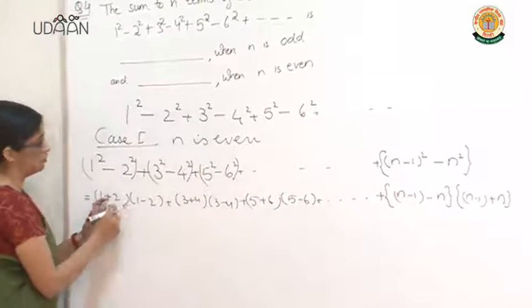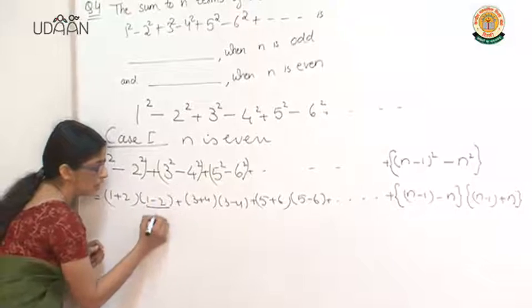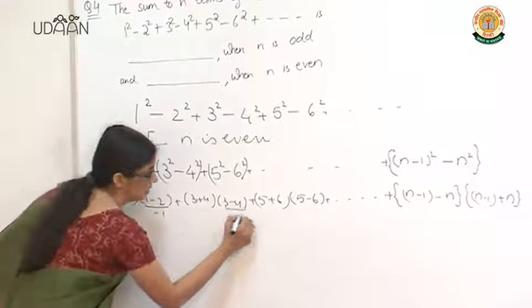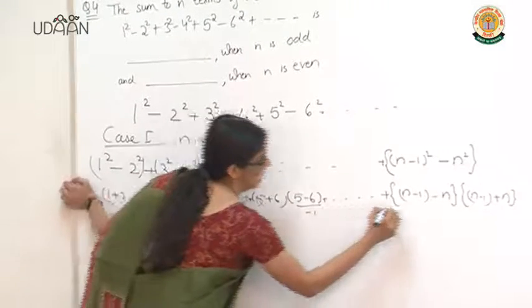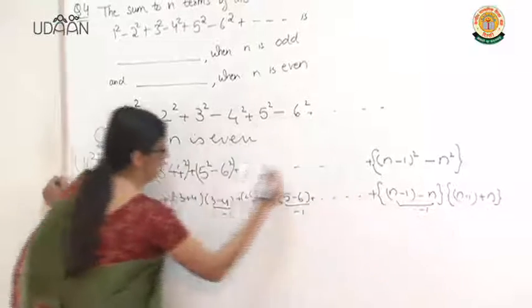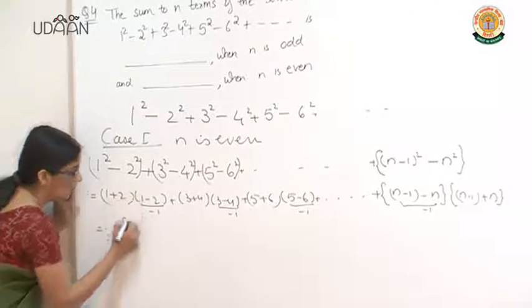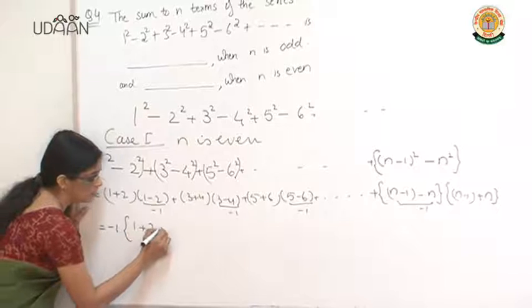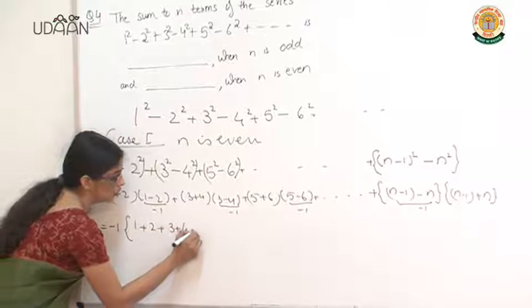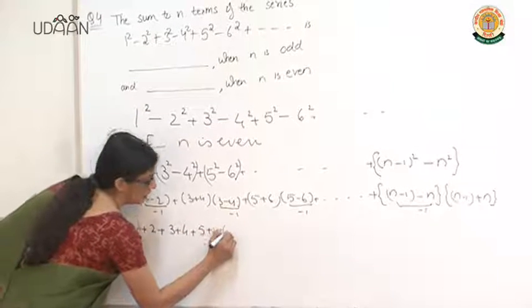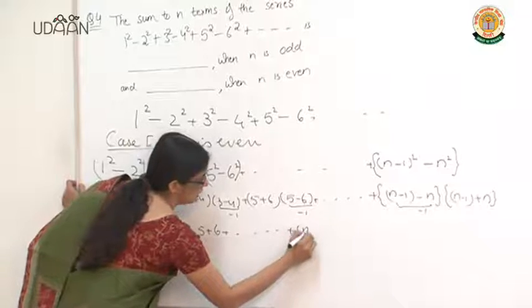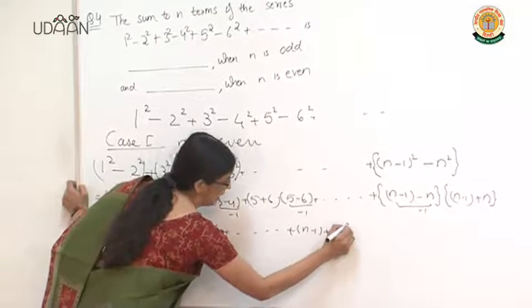Each term reduces to two factors, of which one factor is minus 1, minus 1, minus 1 and minus 1. So I am taking that minus 1 common, minus 1 into what we are left with: 1 plus 2 plus 3 plus 4, 5 plus 6 etc. up to n minus 1 plus n.